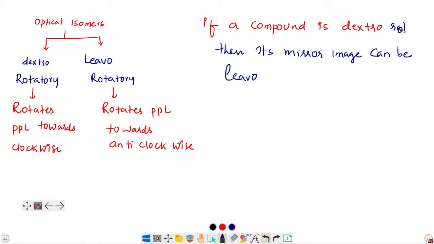Dextrorotatory, and this is levorotatory. So it is very, very important, and vice versa.